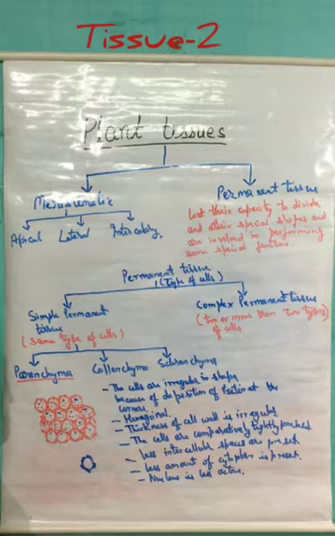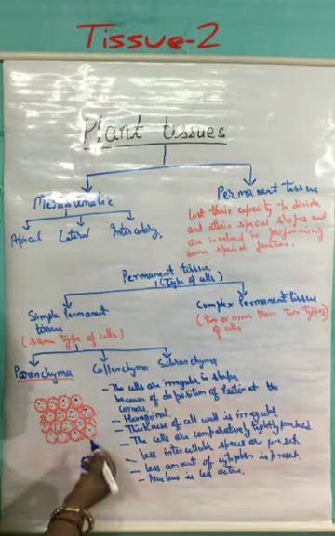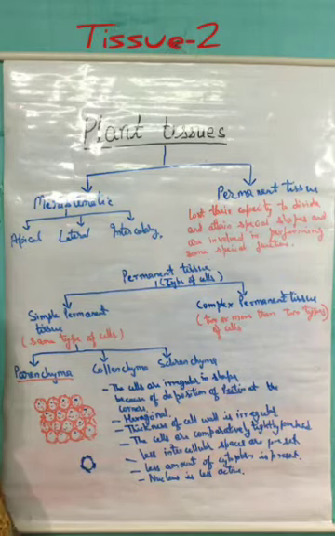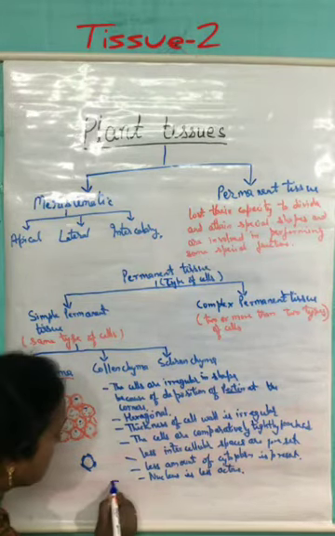These collenchymatous tissues are present in those parts of the plants which show flexibility. For example, they are present in the twig region, in those parts of the branches where the tissues provide mechanical support as well as flexibility. Now the function.